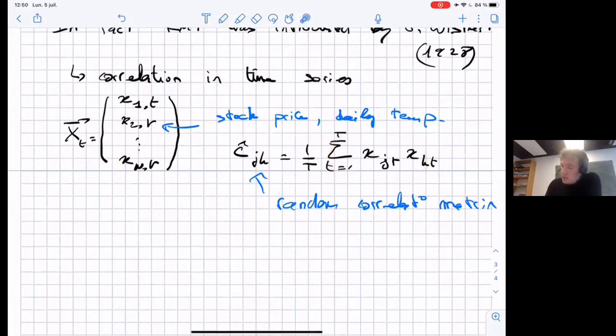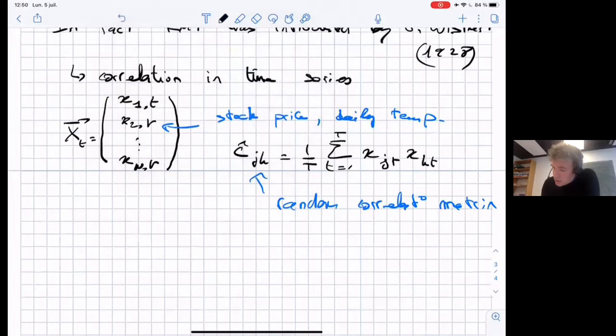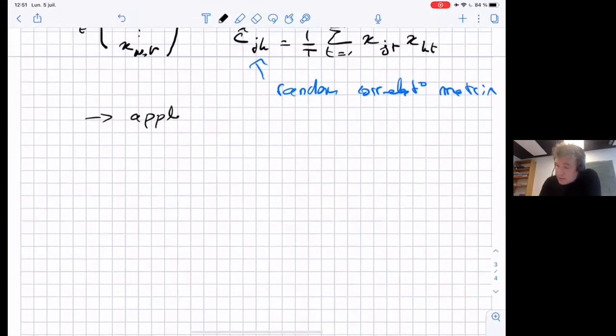And typically, the study of these kinds of random matrices plays a crucial role in what is called principal component analysis. And this actually has a huge amount of applications, which I will not at all discuss, but it has many applications in data analysis, in particular in financial data analysis, but not only.